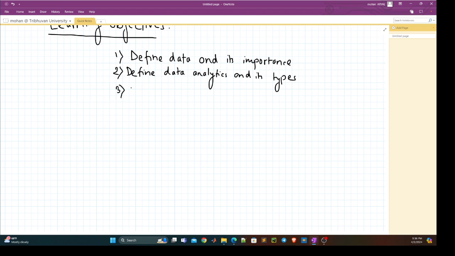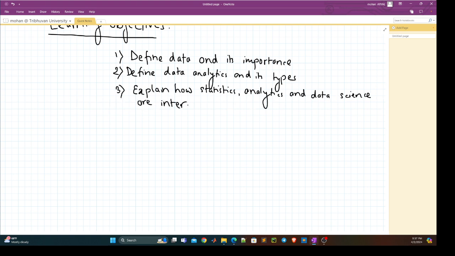And the fourth one will be explain how statistics, analytics, and data science are interrelated.